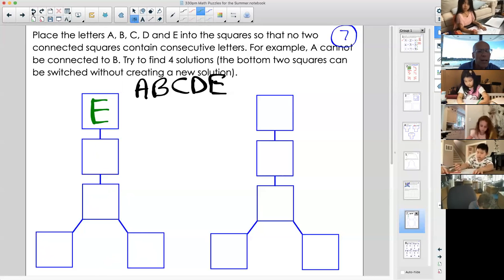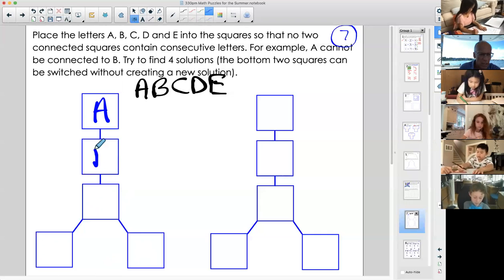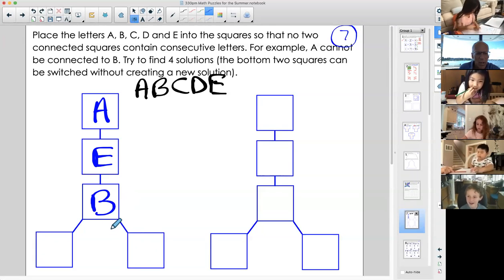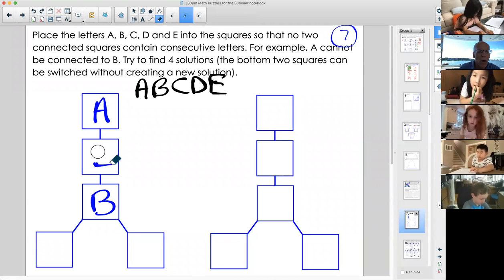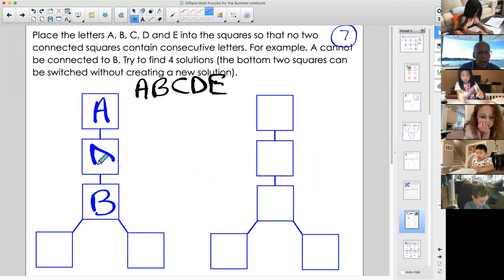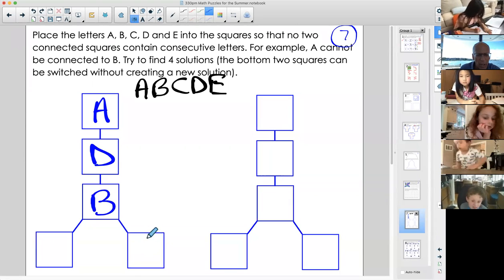Allie, do you want to give it a shot? Yes. Go for it, sweetie. A, E, B, can you please, A, D, so take away the E in the B. A, D, E. And what do you want to go here?